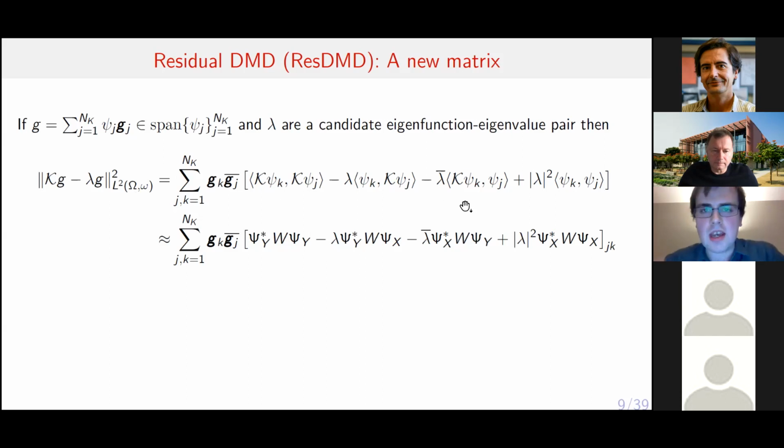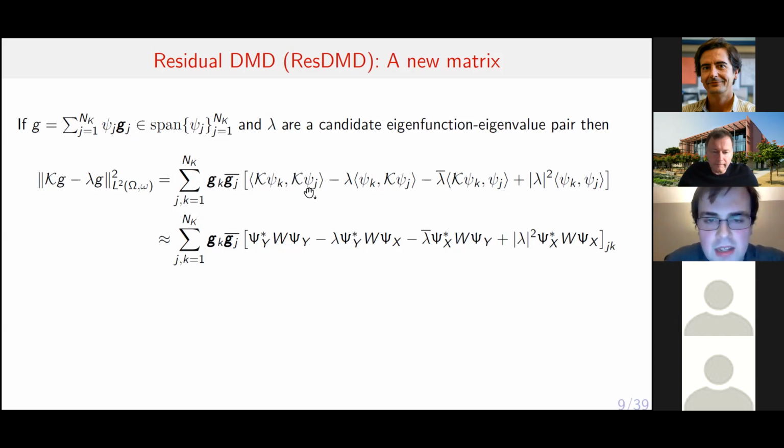Now, remember the 2 inner products we had 2 slides previously. We had this inner product and this inner product. This inner product is just, you can think of it as the adjoint or conjugate of this inner product here. But we've got this new type of inner product here where K appears on both sides. So the idea is really simple.